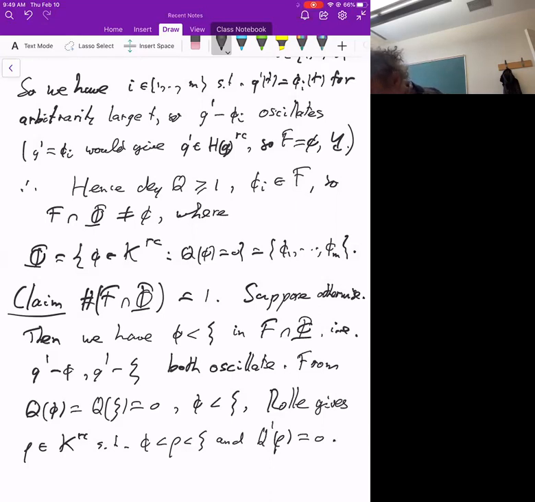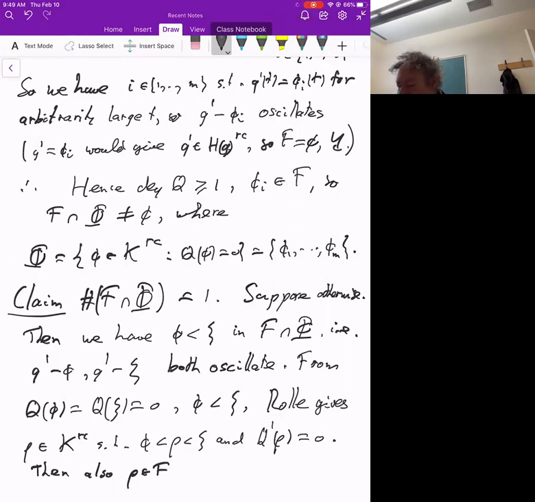Okay, but the point is that then g prime minus rho must also oscillate, then also rho must be in F. Well, if you draw pictures, you will see why, right?